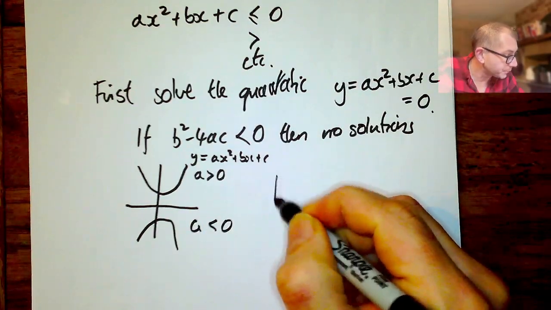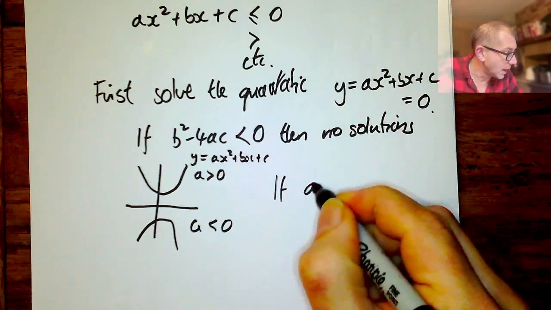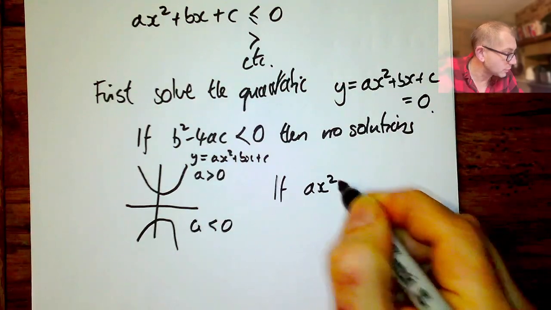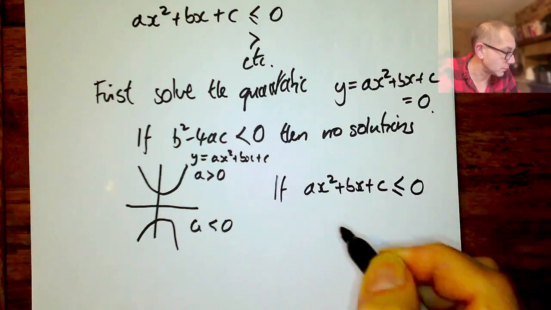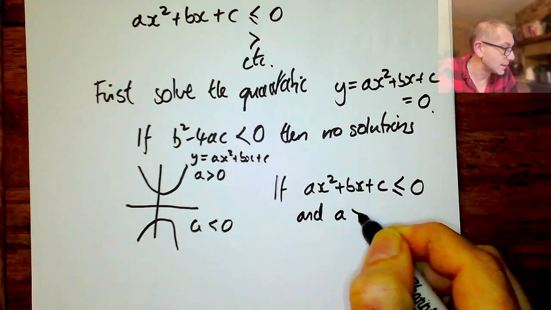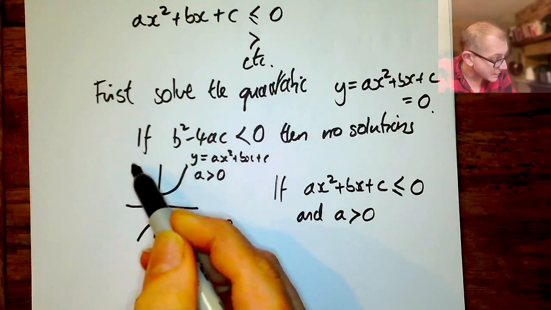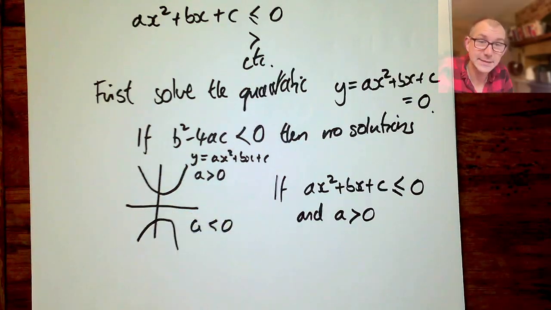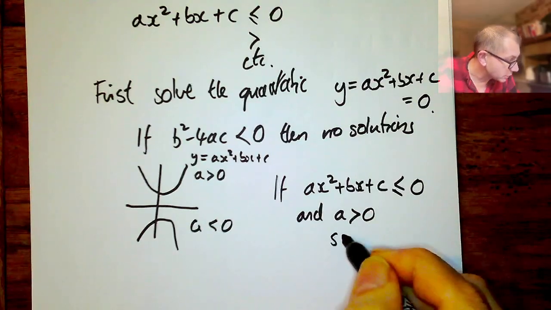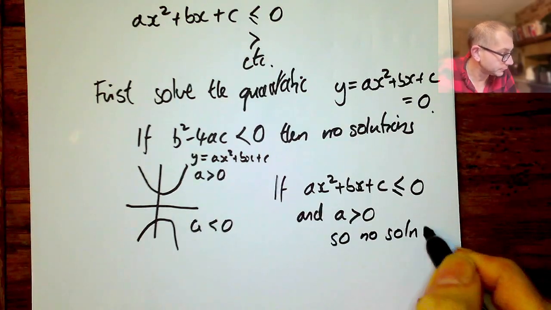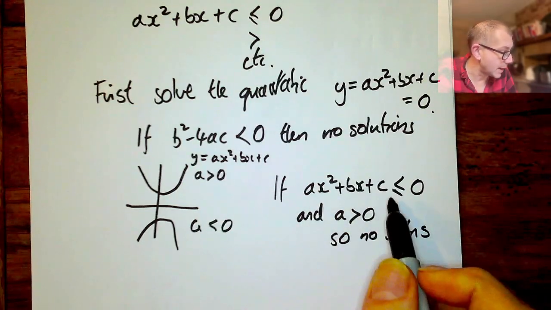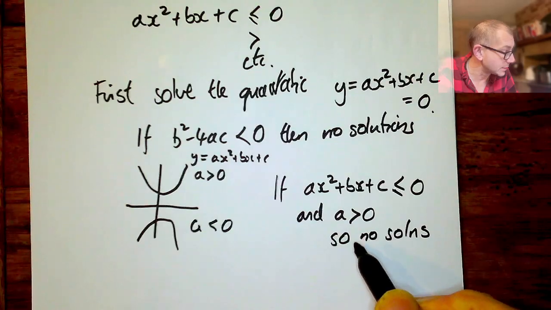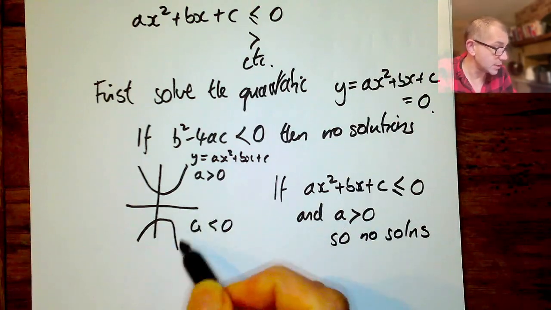So if we are solving ax squared plus bx plus c is less than or equal to 0, and a is bigger than 0, then it's this curve, but that is never less than or equal to 0. So no solutions. On the other hand, if you take ax squared plus bx plus c and a less than 0, then this always works.